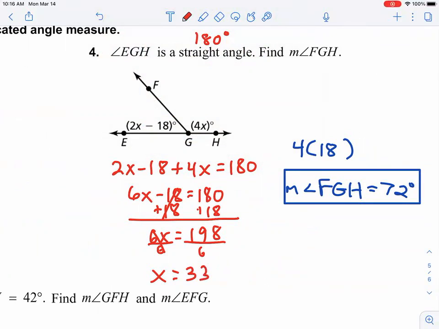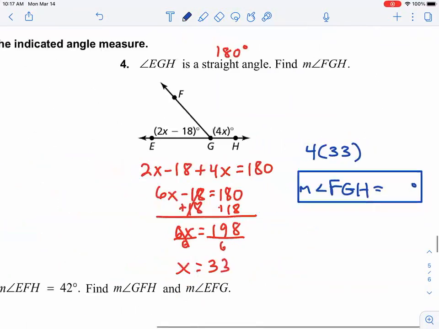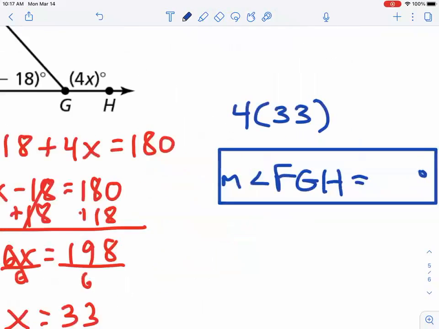Okay, so notice down at the bottom here, 198 divided by 6 is 33. So now we're going to do 4 times 33. So that will be then 132 degrees.